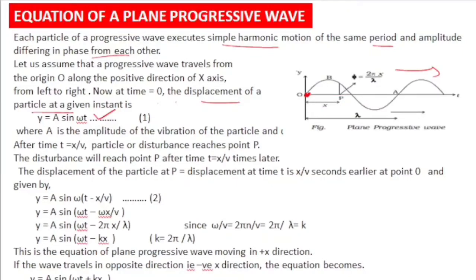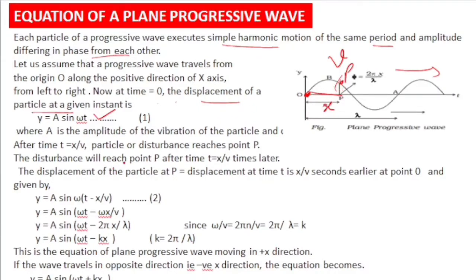Now after time t, the disturbance travels through a small distance x with velocity v. So the time taken is x by v, and the disturbance reaches point P. What is the displacement of the particle at point P?